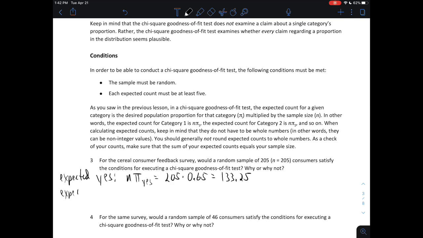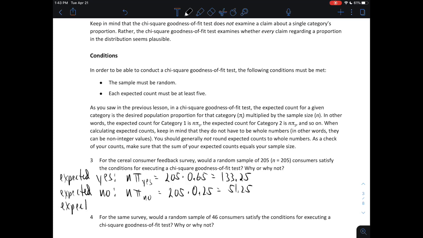Then how about the expected no? That would be the sample size n times pi sub no. So that's 205 times 0.25, which is 51.25. That's also greater than 5, so still doing well here.